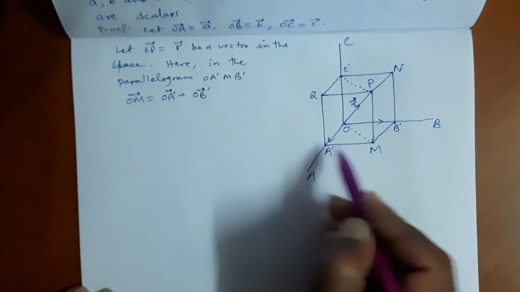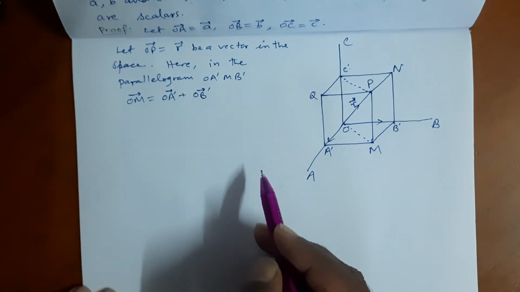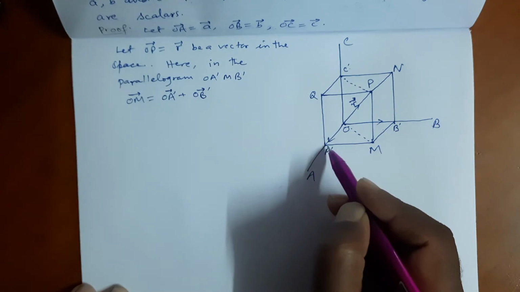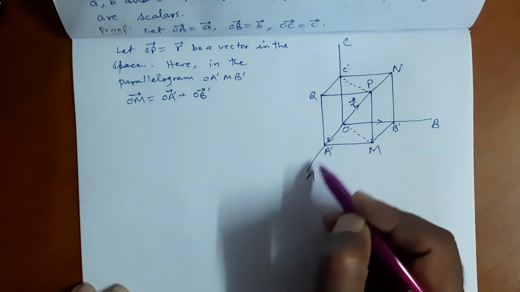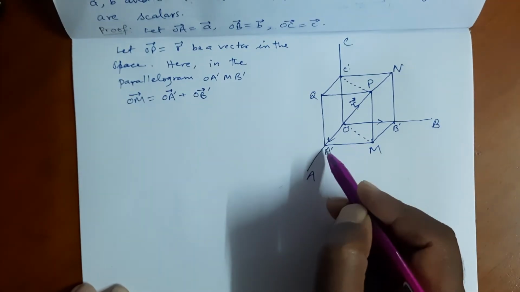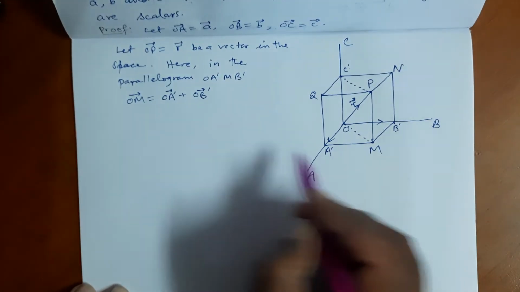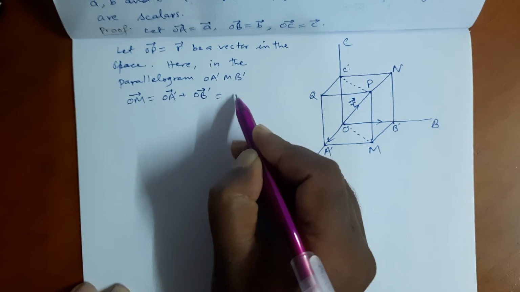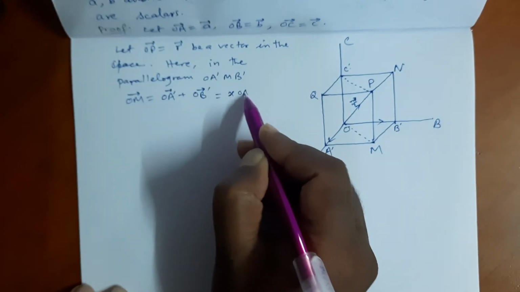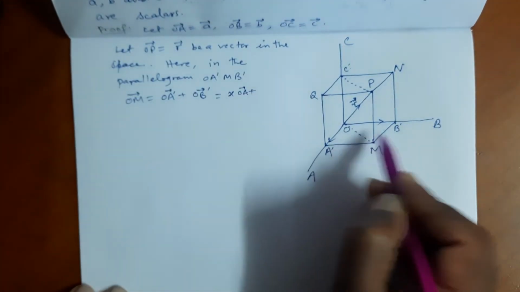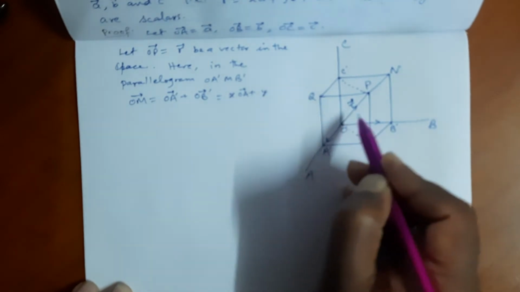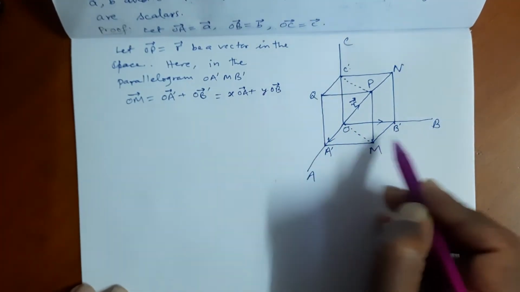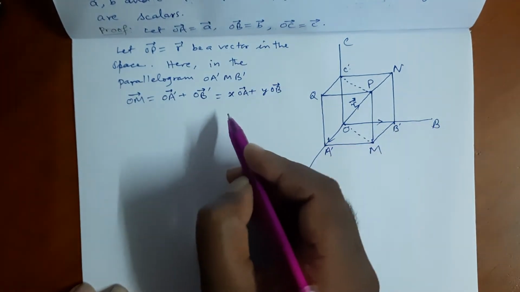Not to make this video lengthy, I am not writing in much detail. So this OA dash is collinear with this OA, so OA dash equals some scalar times the OA vector. That means we can write OA dash equals x times OA vector, plus OB dash equals y times OB vector, because OB dash and OB are collinear.